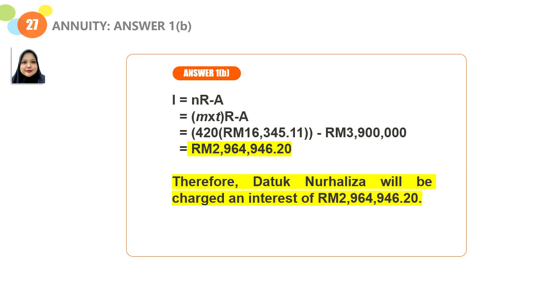Substituting these values into the interest formula, where I equals open parenthesis m multiplied by t close parenthesis multiplied by r minus a, we get I equals open parenthesis 420 multiplied by 16,345 ringgit and 11 cents close parenthesis minus 3,900,000 ringgit.